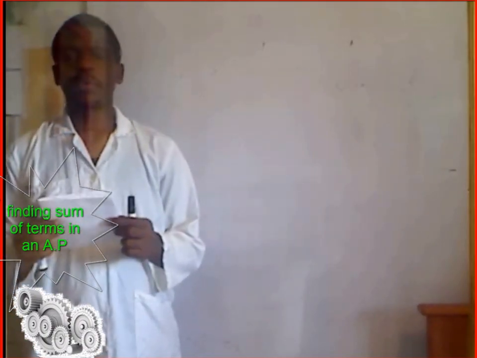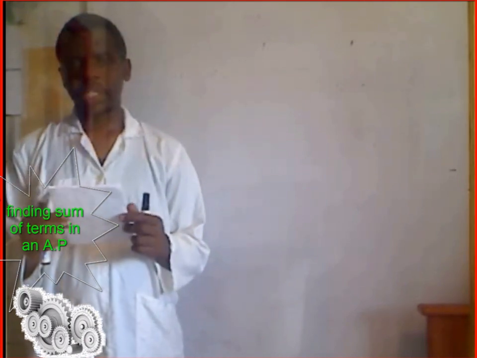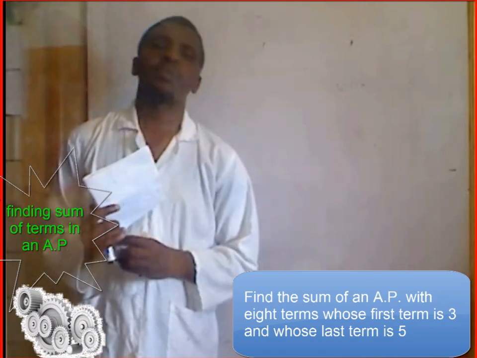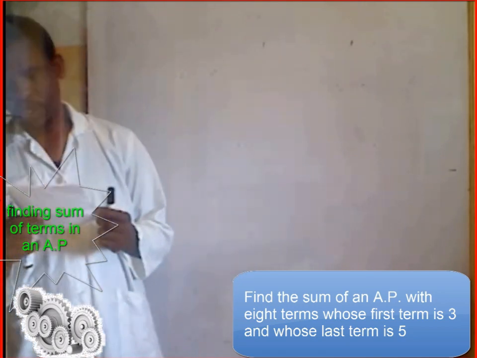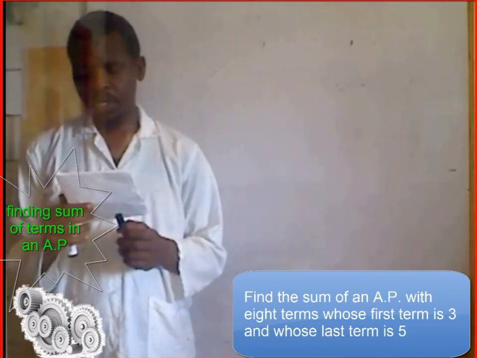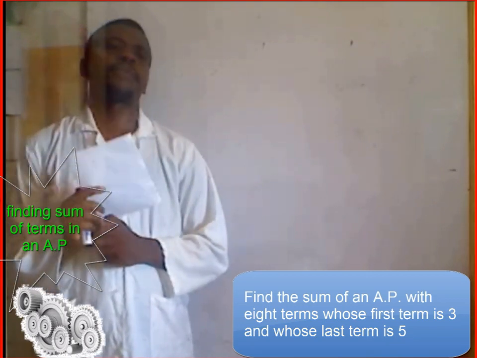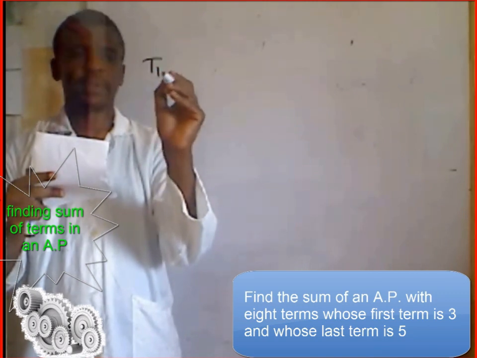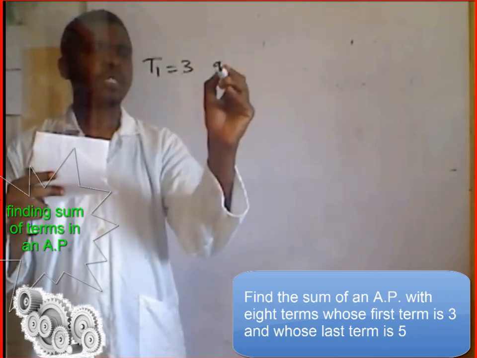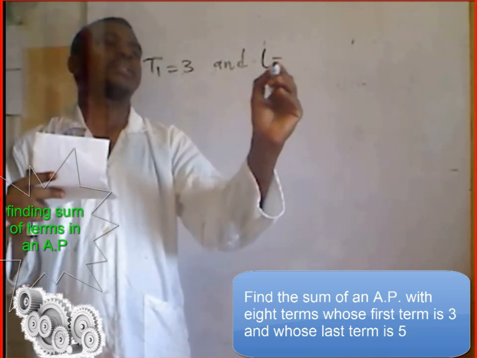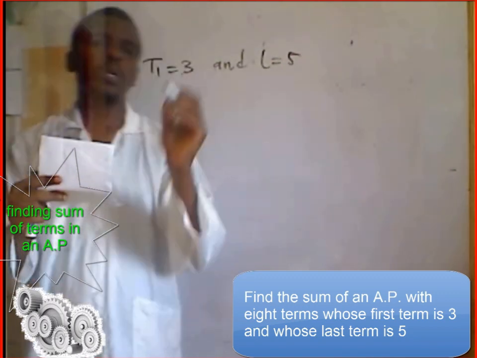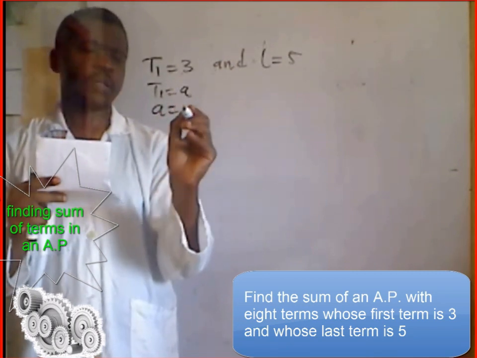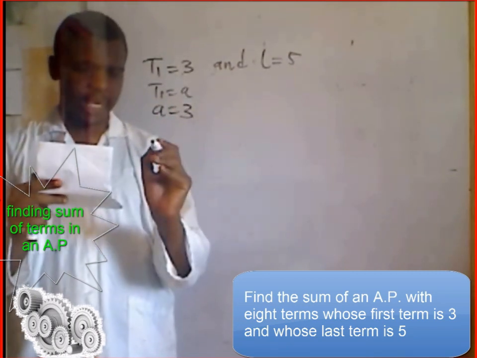Now let's solve some problems concerning sums of arithmetic progressions. Find the sum of an AP with 8 terms, whose first term is 3 and the last term is 5. So I have here T1 equals 3 and the last term is 5. What do I know? T1 is equal to A, which therefore means that A is equal to 3. I state my formula.